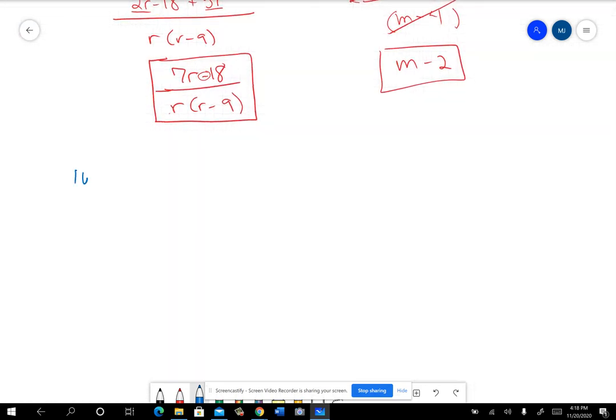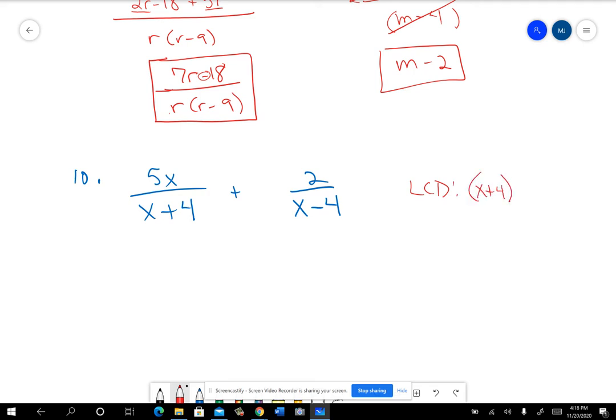Number 10 is kind of like the earlier one, except because this denominator is x plus 4 and this denominator is x minus 4, the denominators are not the same. So on this one, your LCD would be x plus 4 times x minus 4.